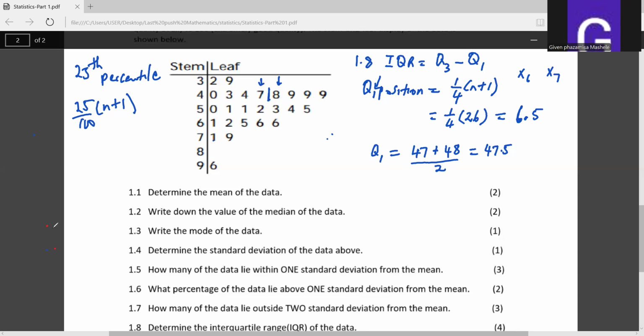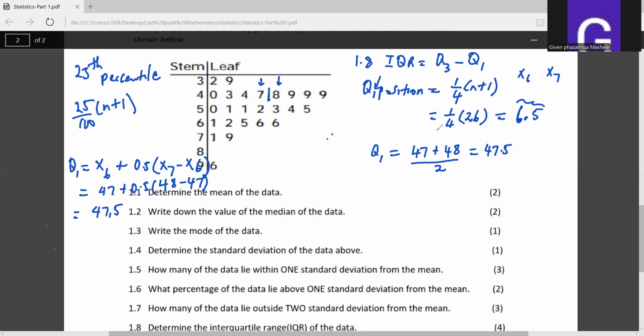But in reality, ladies and gentlemen, when you go to university, we use something called interpolation. To calculate quartile 1, since it says 6.5, we take the value at position 6, plus the remaining 0.5 times the value at position 7 minus the value at position 6. So that is 47 plus 0.5 times 48 minus 47, which still gives us 47.5.